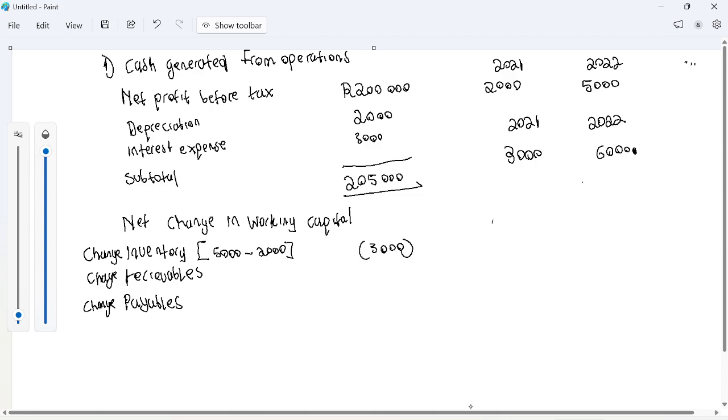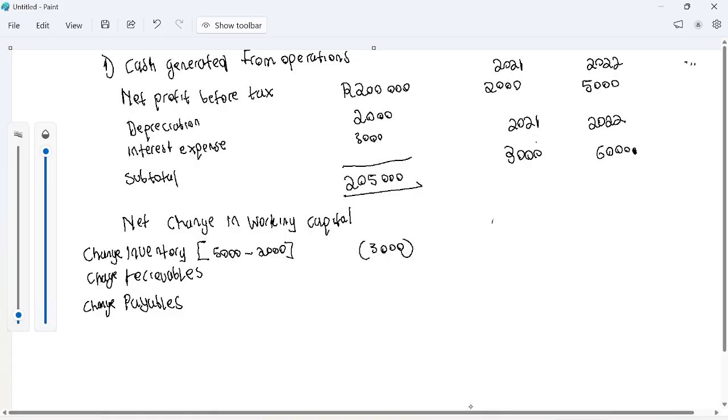Now in this case guys, when it comes to receivables, we're talking about our debtors, right? Meaning when our receivables increase, it means that we sold more goods or services on credit, meaning we did not receive any money from our debtors. It means therefore this is an outflow of money.